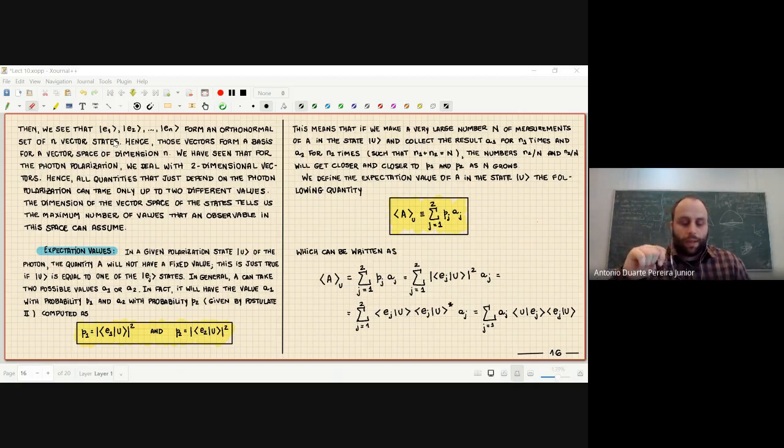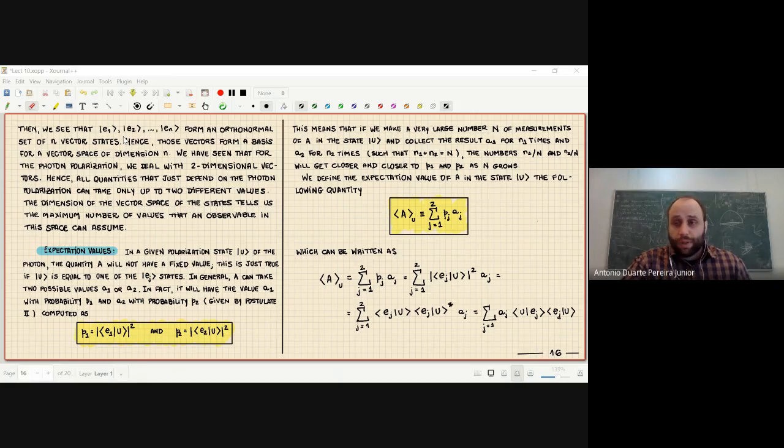Okay? So this means that if I look at an observable that just depends on the polarization of the photons, I will have up to two possible values. And therefore, I will have two vectors forming a basis of the vector space.